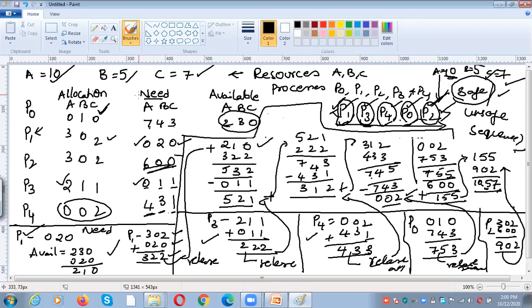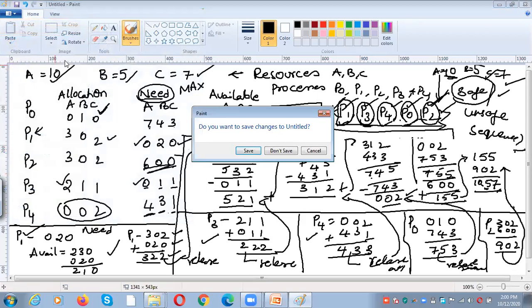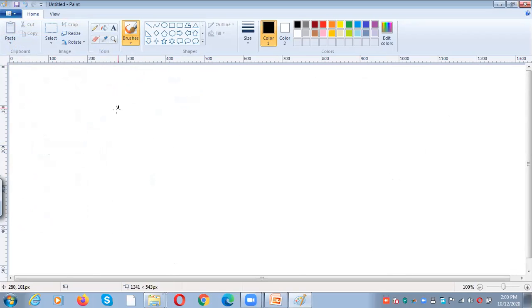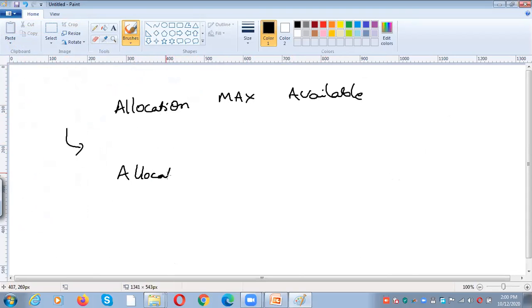So you need to check whether they are giving need or max. In the problem, if they are giving allocation, max, and available, by using allocation and max, you need to convert this to allocation, need, available, so that it will be easy for you.